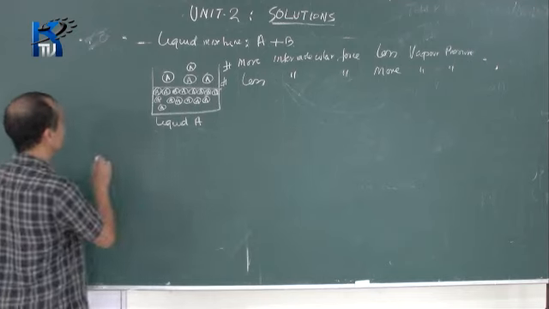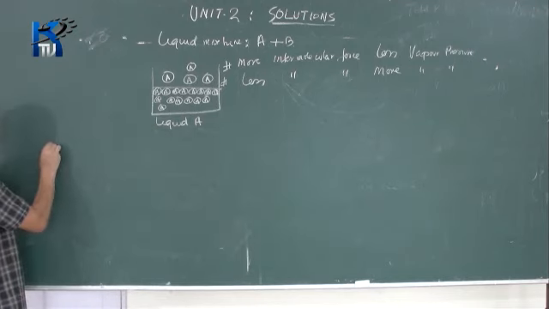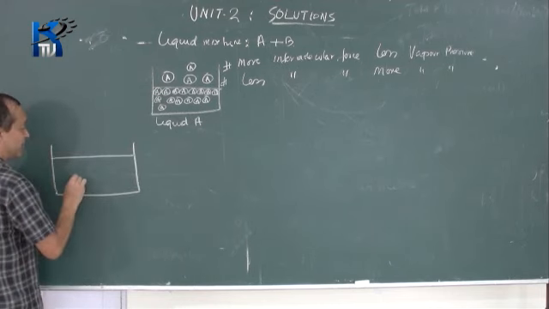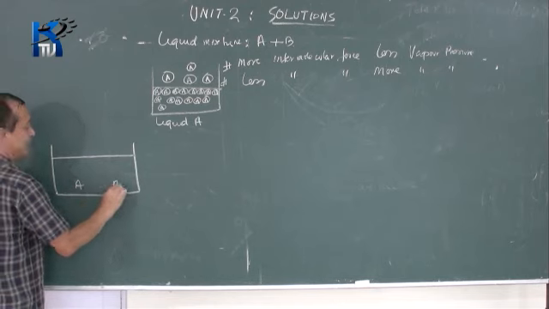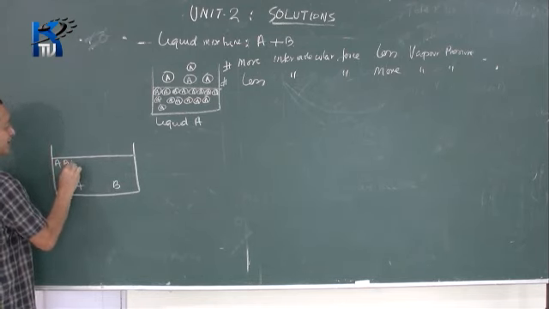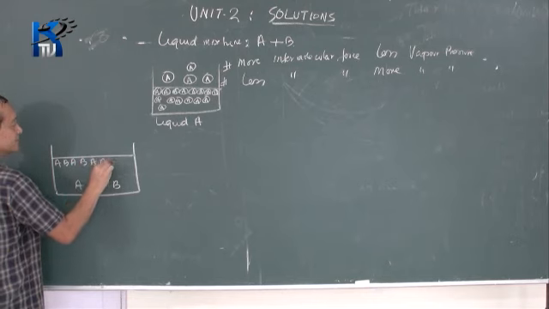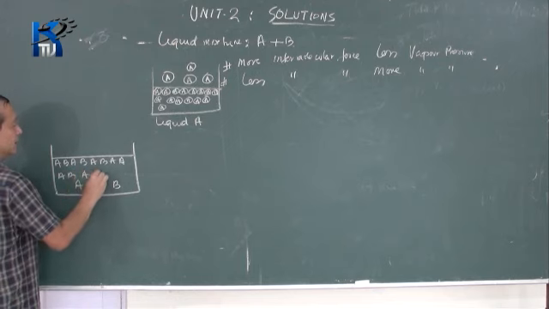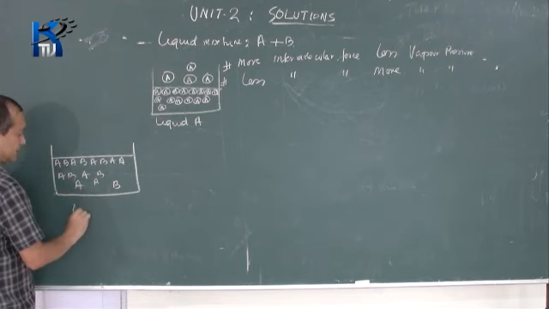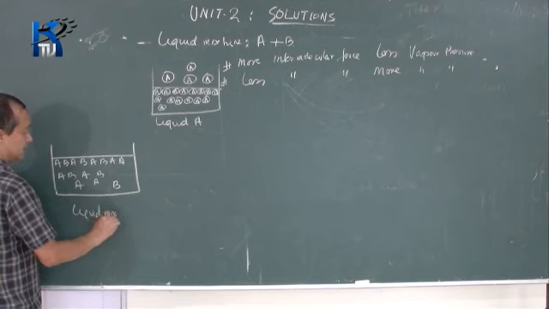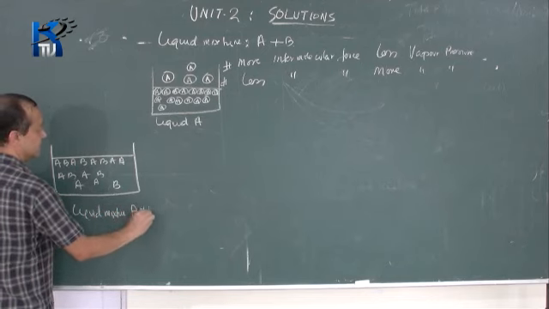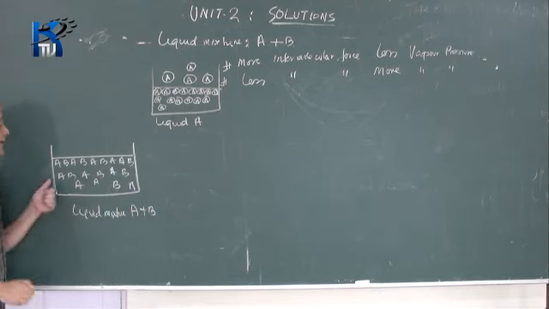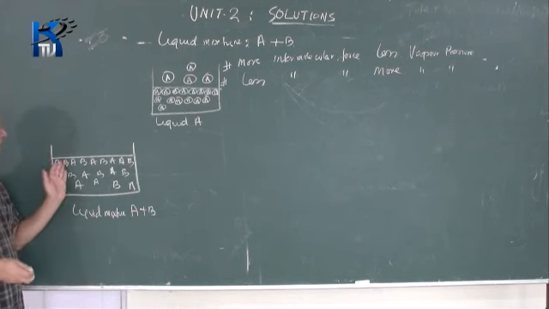Okay. Now let's consider this. Suppose now we have got two liquids, A and B. When there are two liquids A and B, there will be molecules of A and also B on the surface.